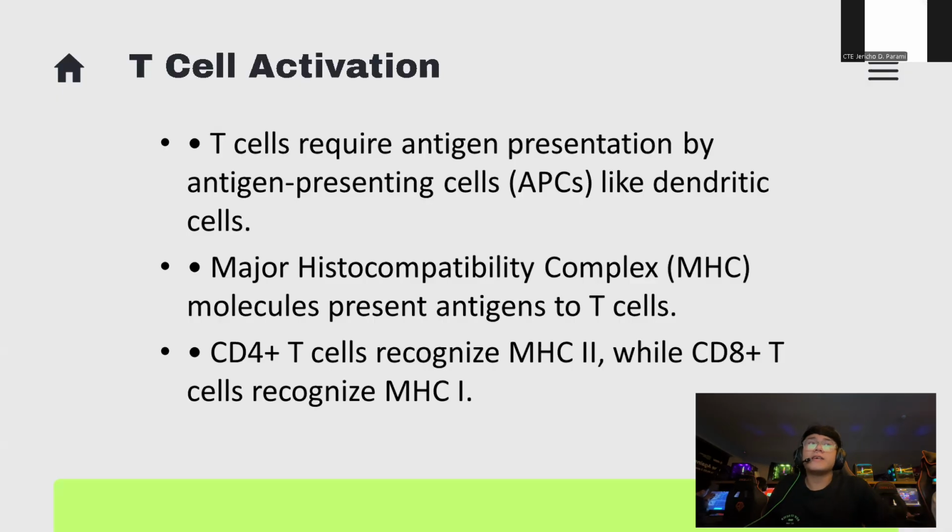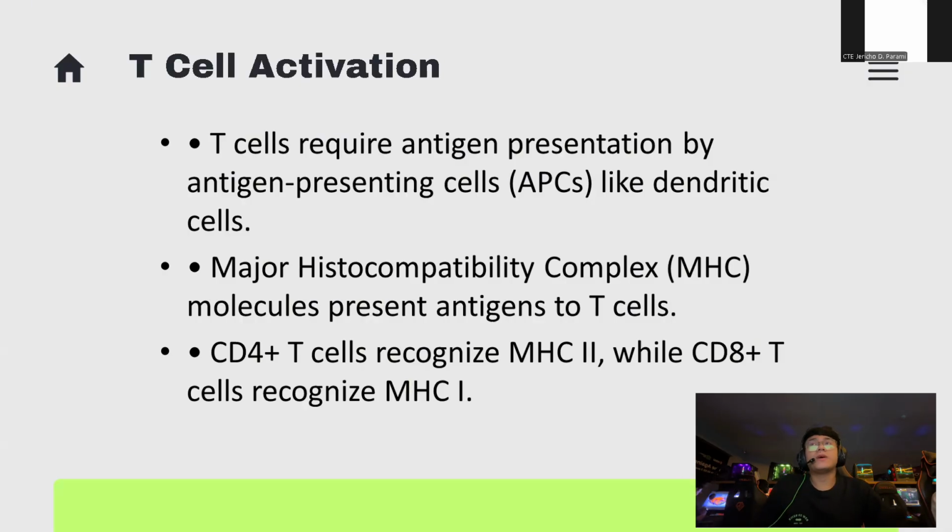Negative selection, on the other hand, eliminates autoreactive T cells that recognize self-antigens too strongly. It prevents autoimmune diseases. Only about 2% of the developing T cells survive this rigorous selection process and are released into circulation as naive cells, ready to encounter foreign antigens.